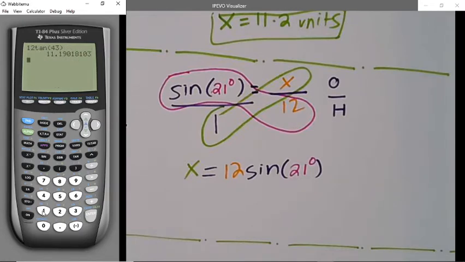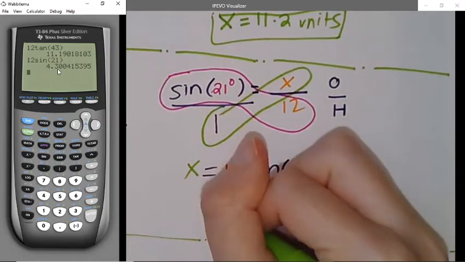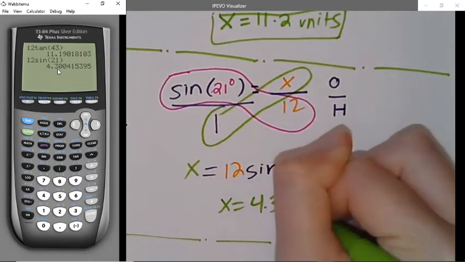So I'm going to type 12, then hit the sine button this time, type 21 for 21 degrees, and close that parenthesis. Let's round the missing side length to the nearest tenth, so one place out. The 0 is not going to do anything, so the side is going to be 4.3. So my missing side length is 4.3 units.